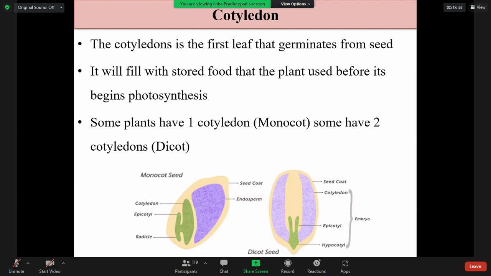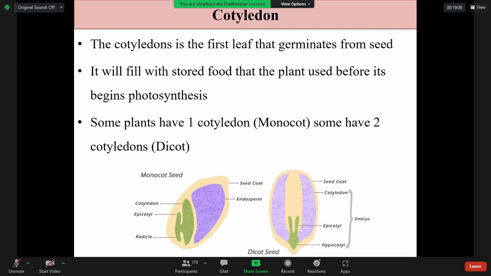It holds the food reserves, so that it is able to provide the energy for the growth.